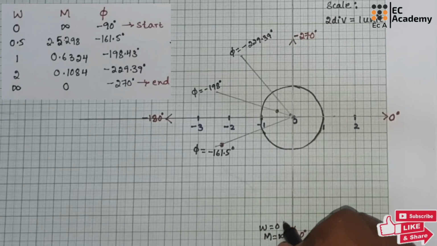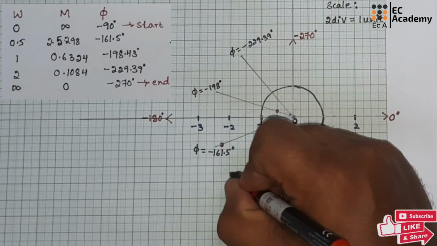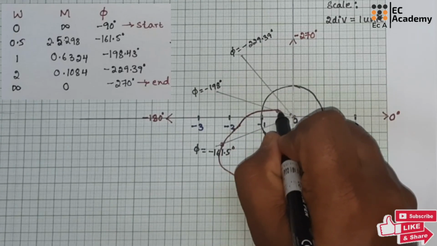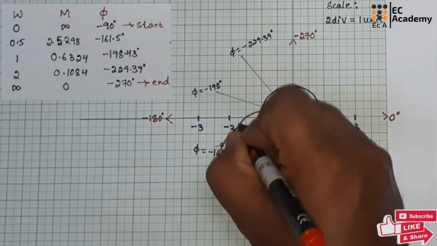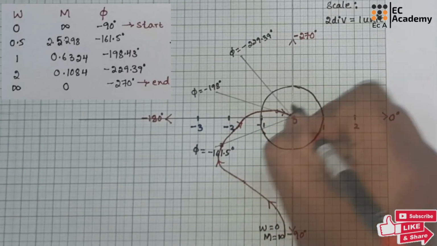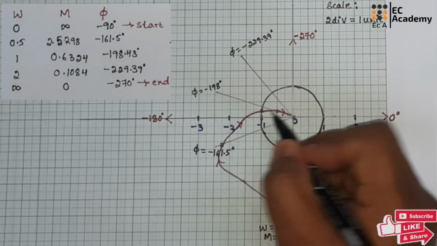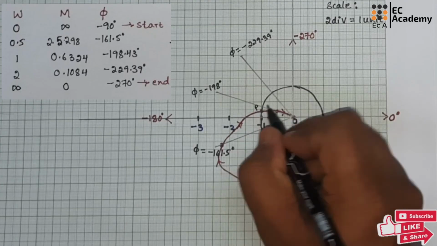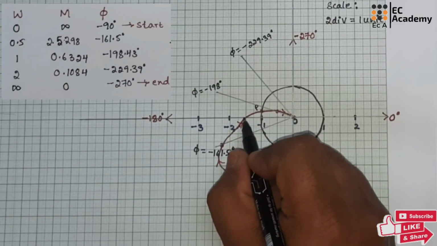Now let us join all these points. From infinity, let us join this point, and then here we can join. So this is the polar plot. This polar plot is intersecting the unit circle at some point, and let us mark that as P, and the polar plot is intersecting the minus 180 degree phase at some point.